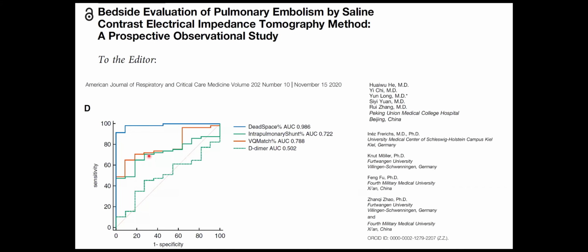It was just a quantification of the blue pixels. But again, just to illustrate that the EIT image is already much better than any other clinical indicator of pulmonary emboli.